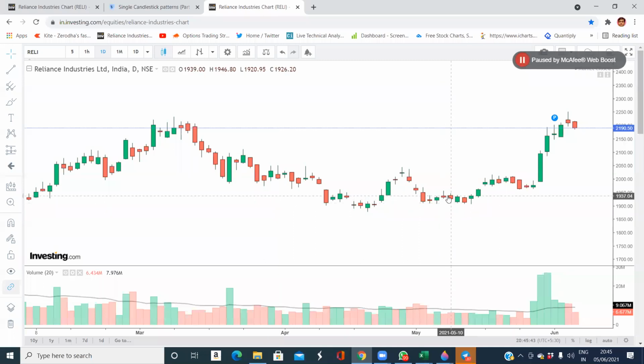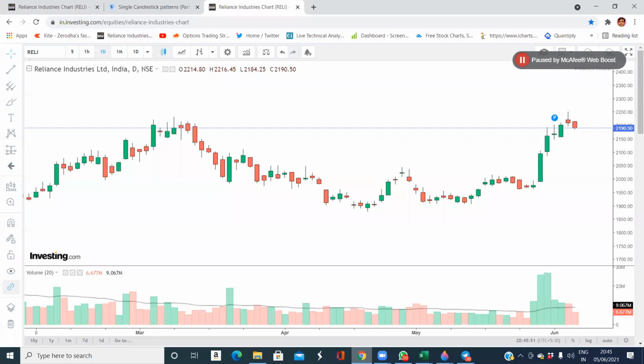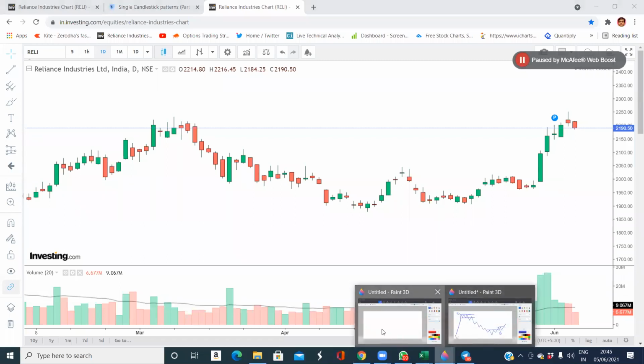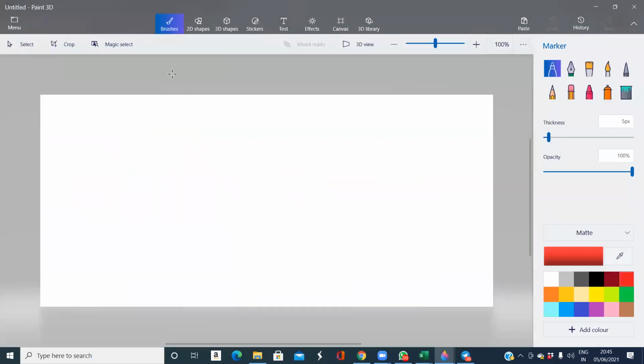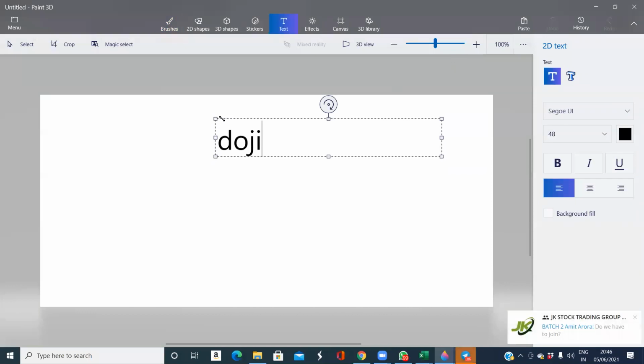Okay, so we must know which candle is which type. Okay, so the first candle is called a doji. It is named doji.